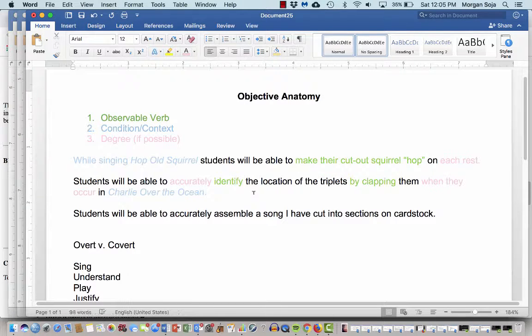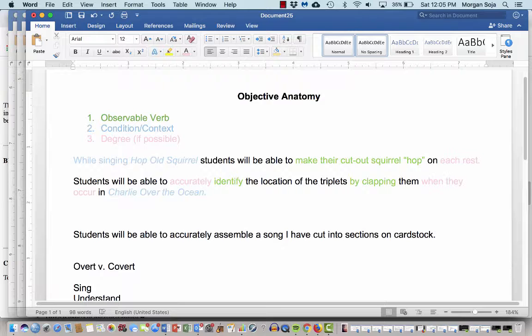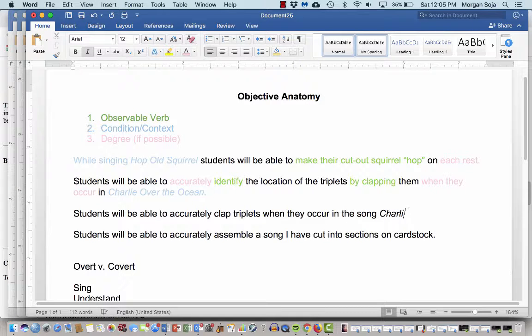So is there a way to rewrite this maybe a little bit more clearly? Students will be able to... That might be a simpler way of stating the same thing. Students will be able to accurately clap triplets when they occur in the song Charlie Over the Ocean.